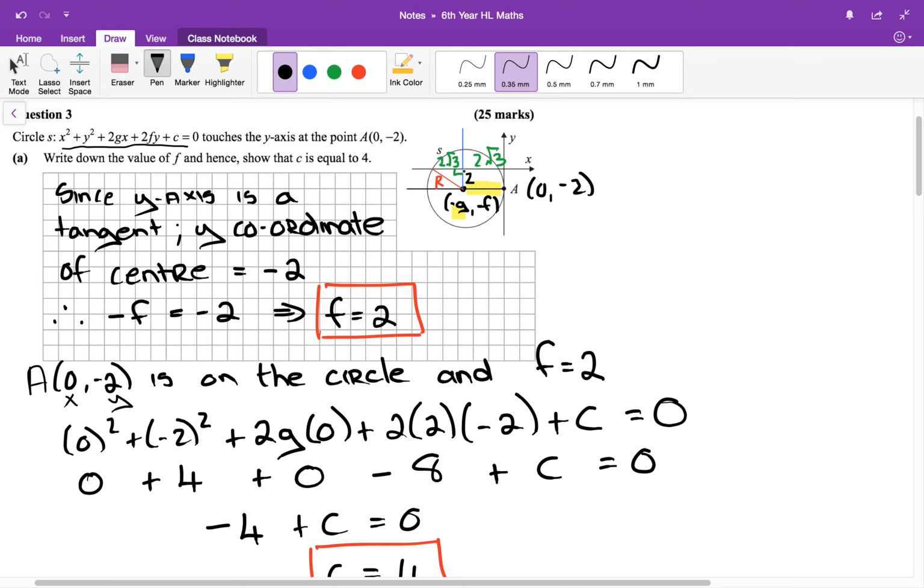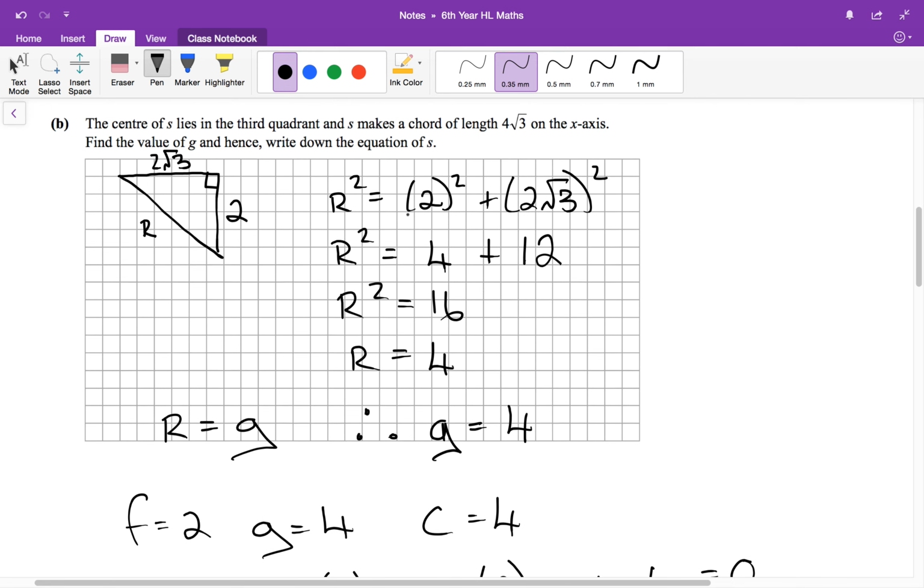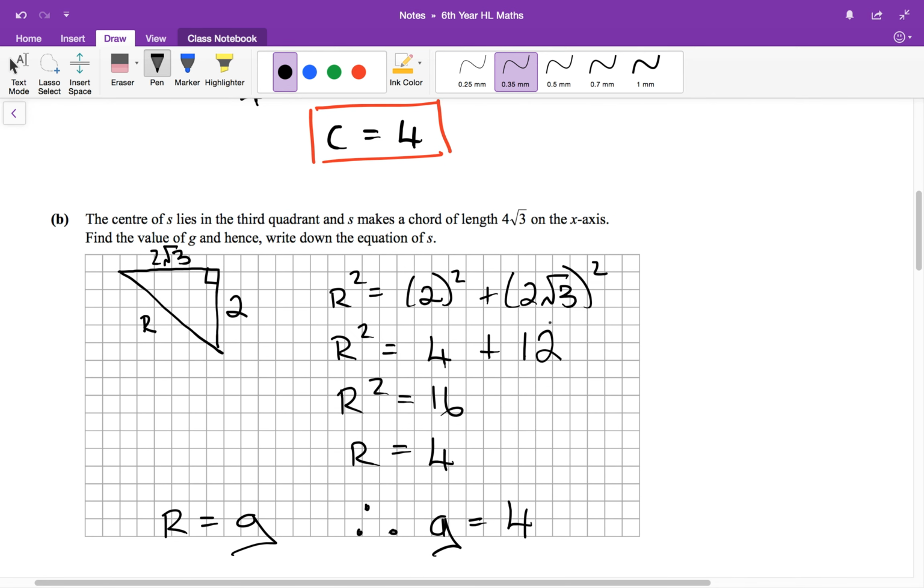The length of this little line here is 2, and we can get that from over here because this black line across here is 2 units down off the x-axis, because the coordinates of this are -2. So we know that this is 2, we know that this is 2√3, we have a right angle here, and then r is our hypotenuse. I redrew that here to apply Pythagoras, and you get that r equals 4.